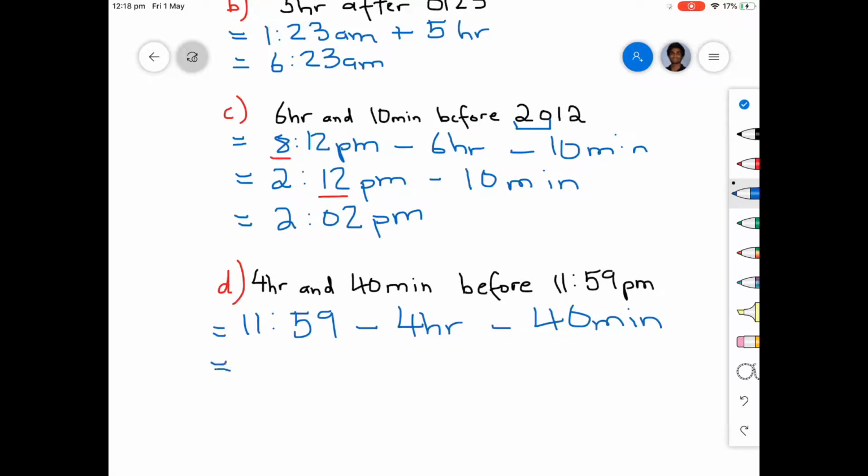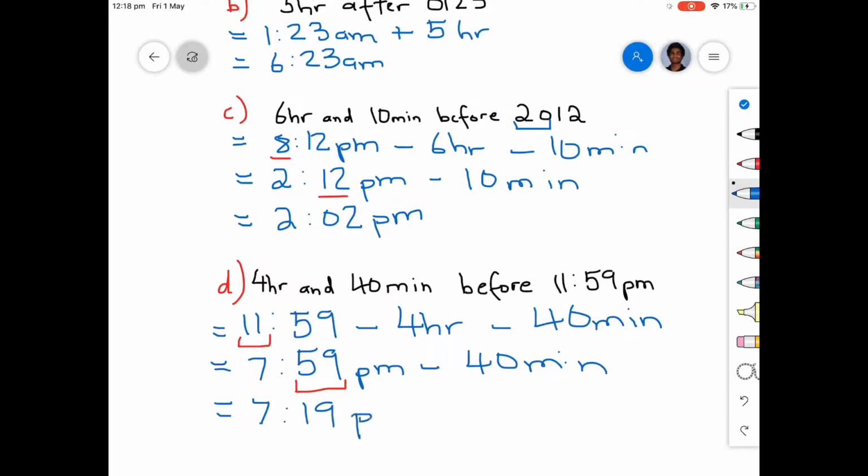Looking at our hours, we have 11 minus 4 hours. So 11 minus 4 becomes 7. So our new time is 7:59 p.m. minus that 40 minutes. And so our final step is to subtract our minutes. 59 minus 40, we're left with 19. So our final time is 7:19 p.m.